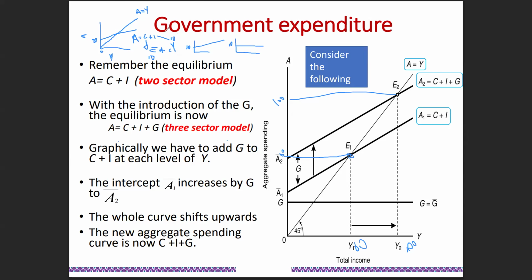Also, your investment is independent of income, so even if your income is zero, it is 10. Grouping these autonomous components, you get 20. So when drawing the aggregate expenditure curve, it will start at 20 to show that your autonomous components are equal to 20. Hope you're getting this.